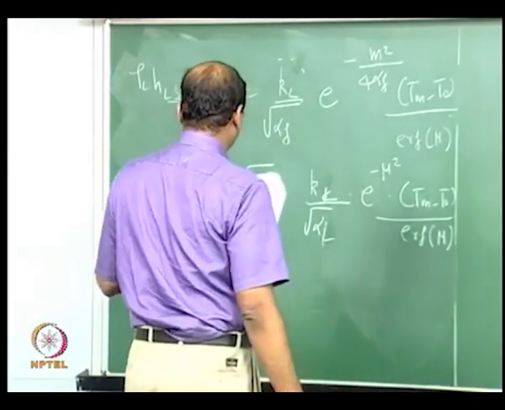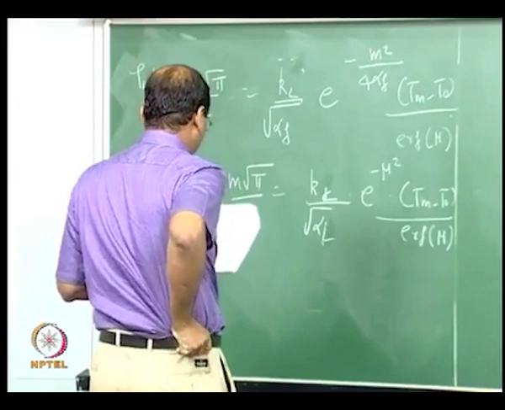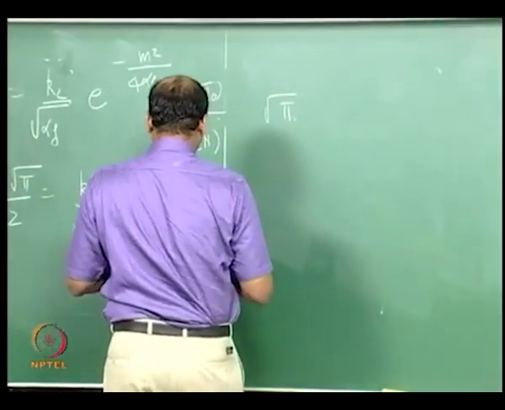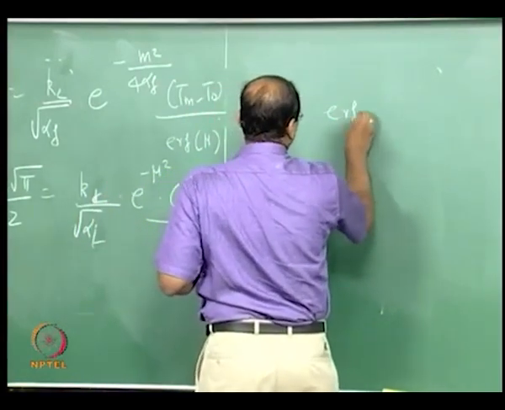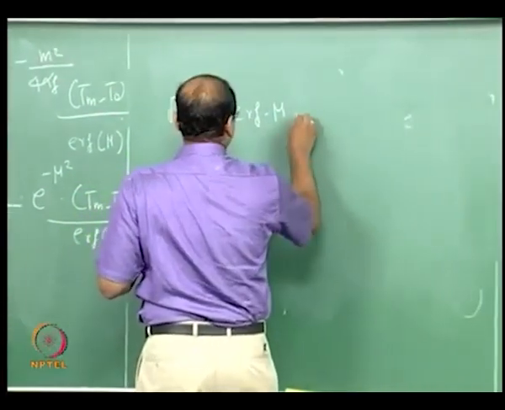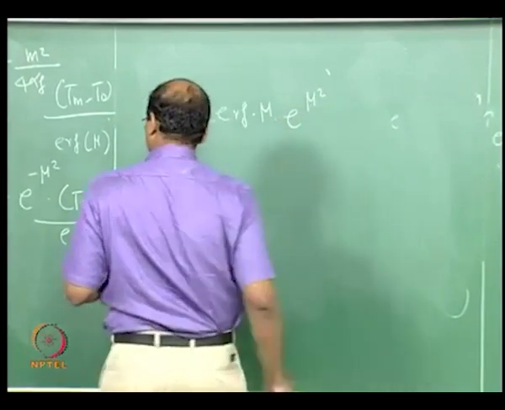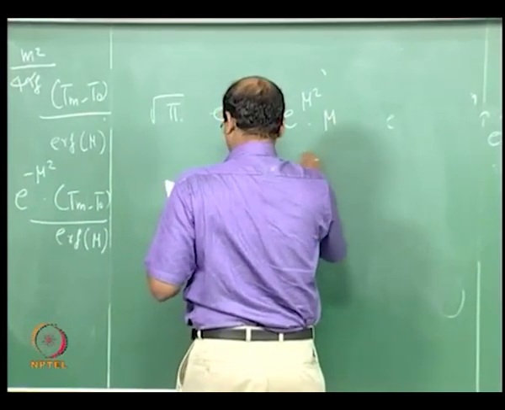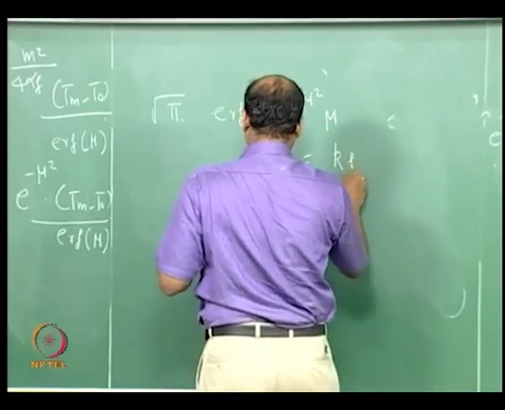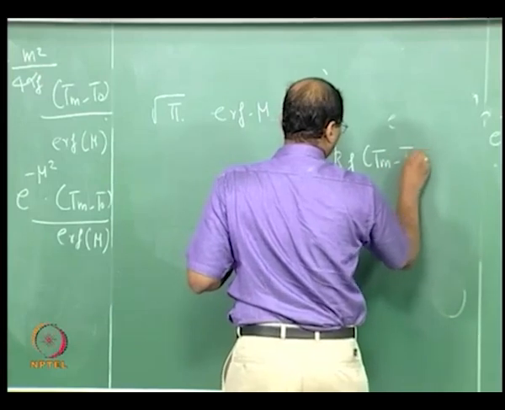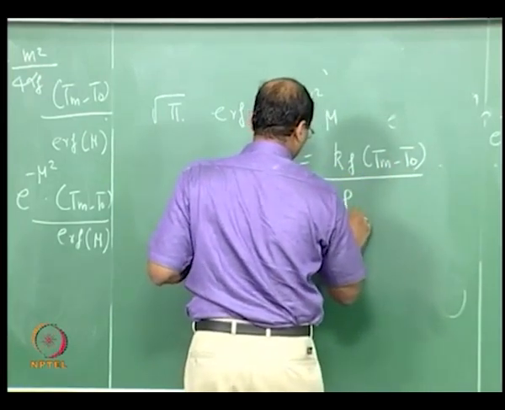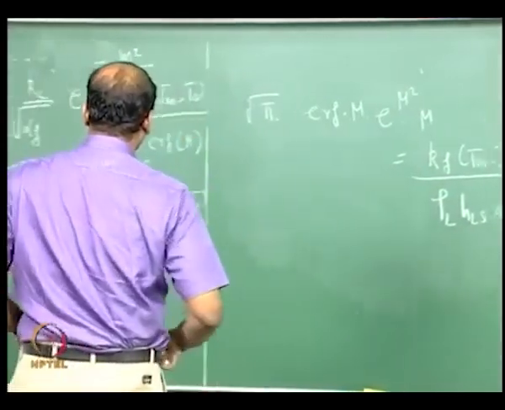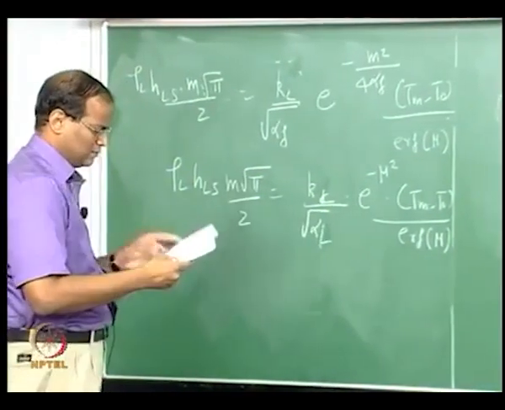Now I have to introduce a Stefan number. So what I can do is, root pi, error function of mu into e to the power of mu square, is that correct?